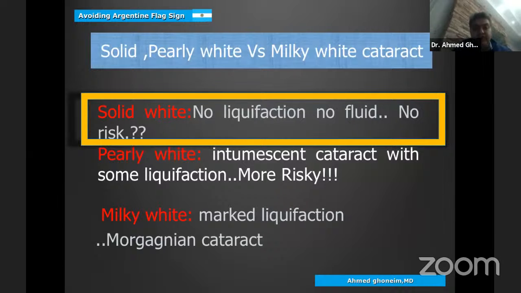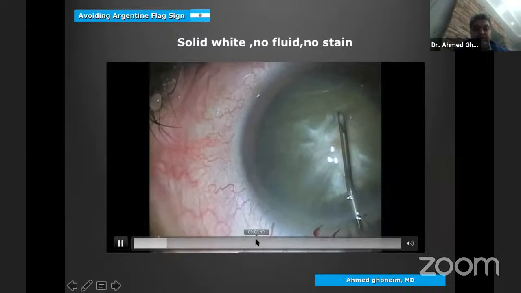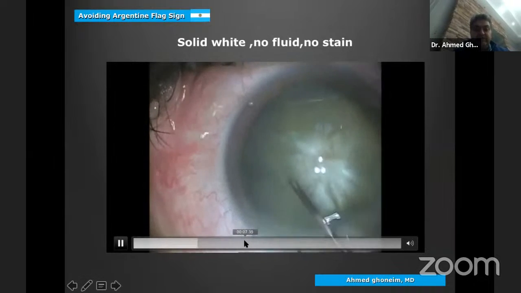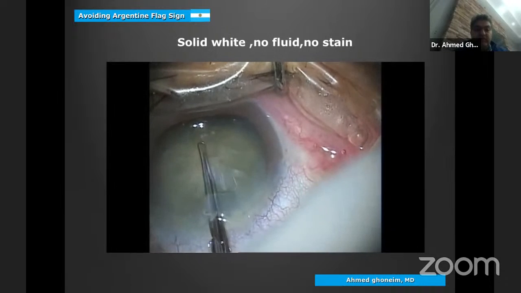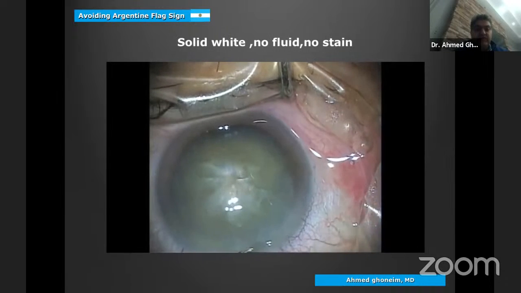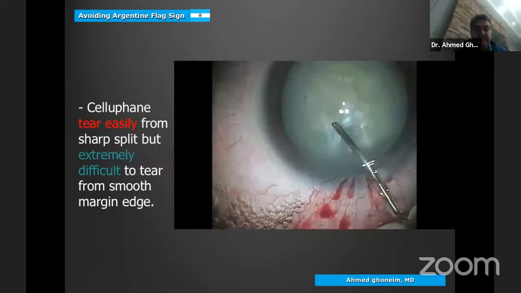If you have no liquefaction, no fluid and no risk, like in this case, we can do the rhexis even under saline, because in this type there is no fluid and no liquefied material, so the edge of the rhexis is floating in the anterior chamber, then you can continue your case.